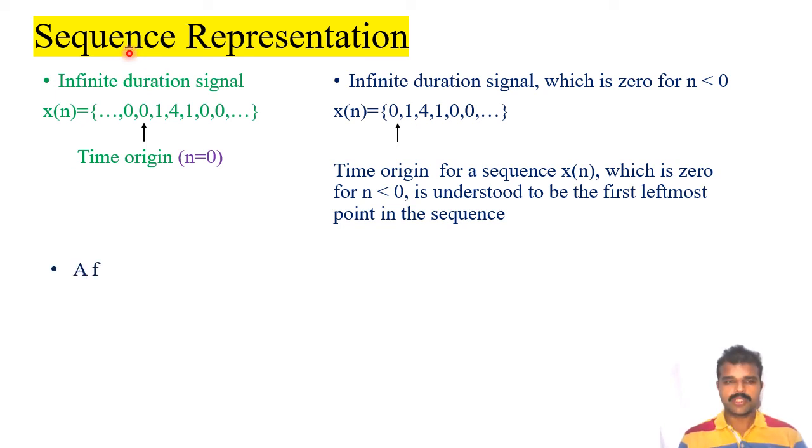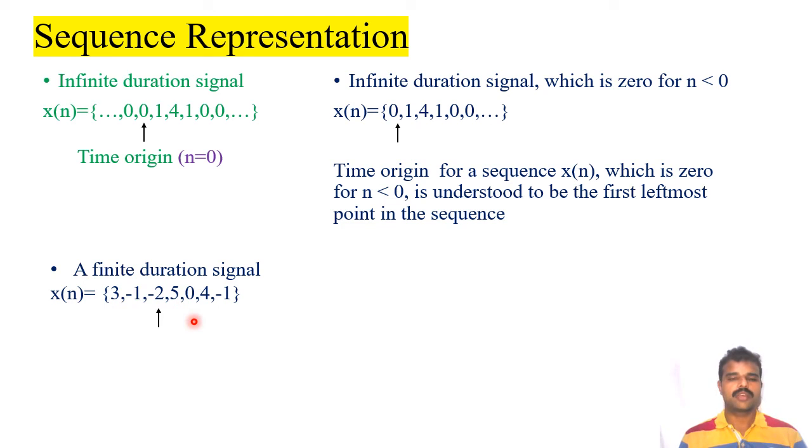Now how will you represent such a signal if it is finite duration? A finite duration signal can be represented something like this. Okay, as we considered infinite duration signal, here also we will have the time origin represented with an arrowhead.